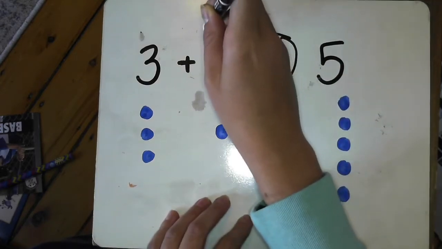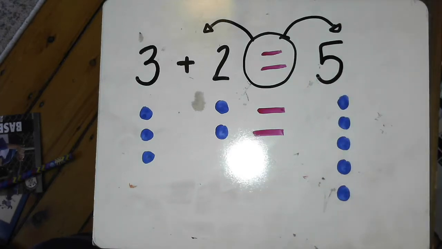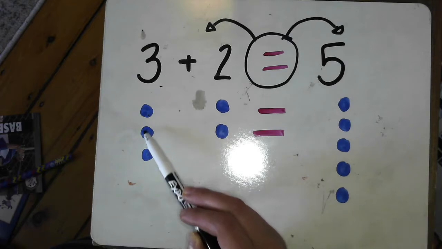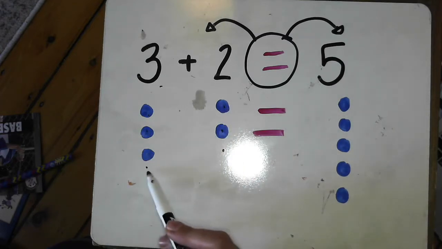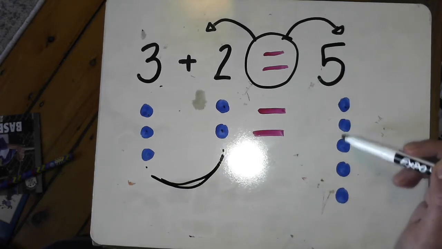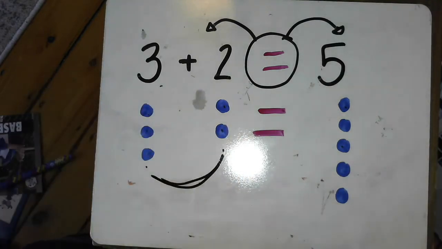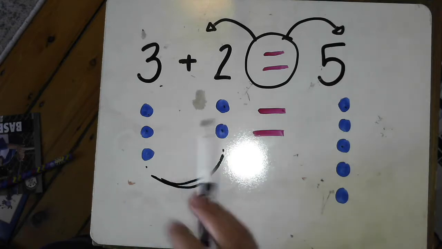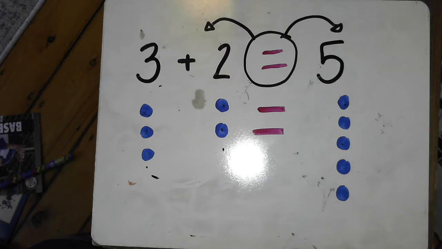It says that what's on this side and what's on this side are really the same thing. 1, 2, 3, and 2 more, 1, 2, 3 and 2 together, that's really the same as having 5. 1, 2, 3, 4, 5. These dots are really the same thing as these dots, just shown a different way. The equal sign is what tells you that. It says what's over here is really the same as what's over here, just shown a little different.